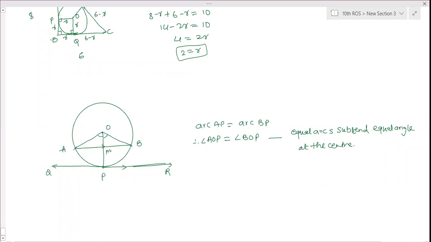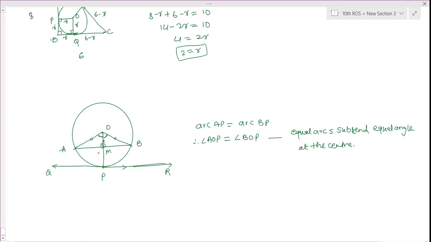Now prove the congruency of triangles OMA and OMB. In these, this angle and this angle are equal. AO is equal to OB and OM is common. So by SAS criteria, AOM and BOM are congruent. Therefore, angles OMA and OMB are equal.